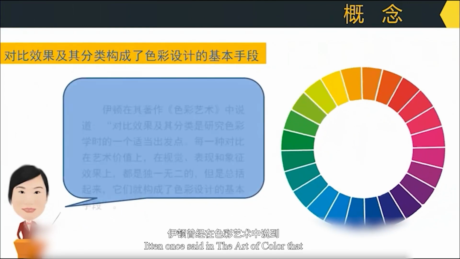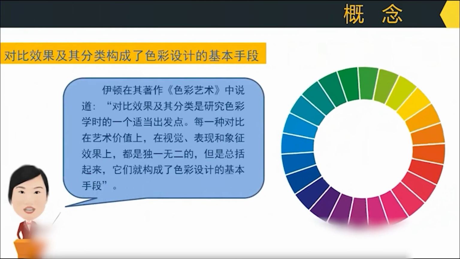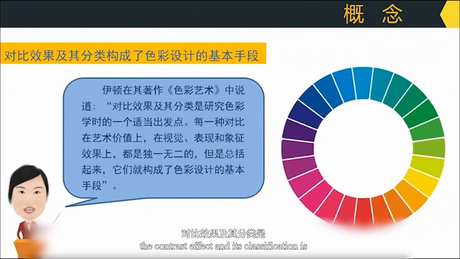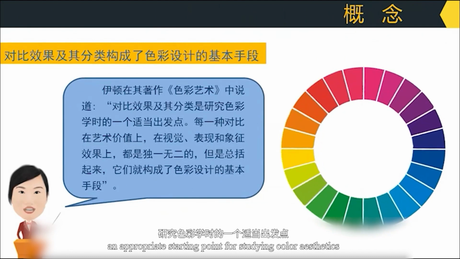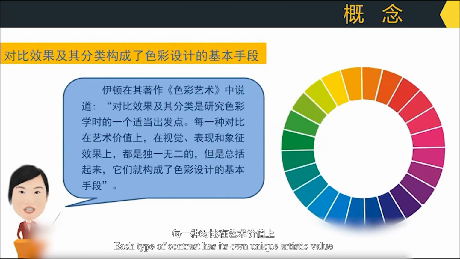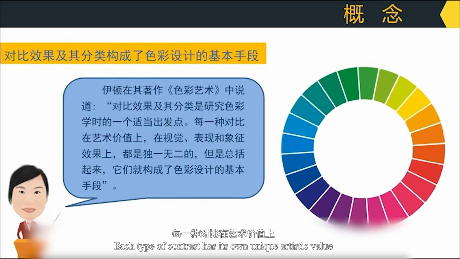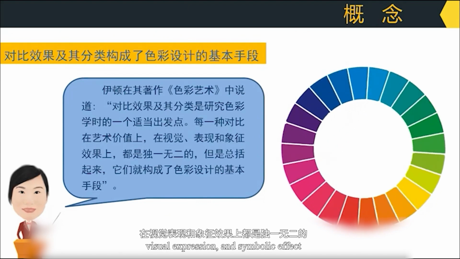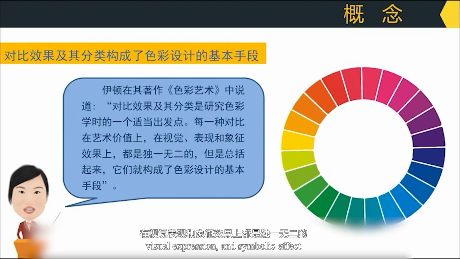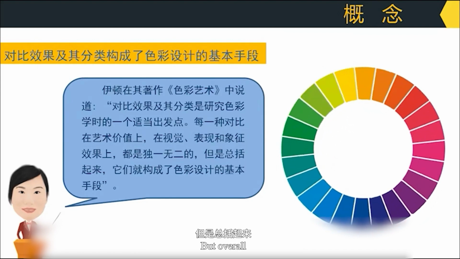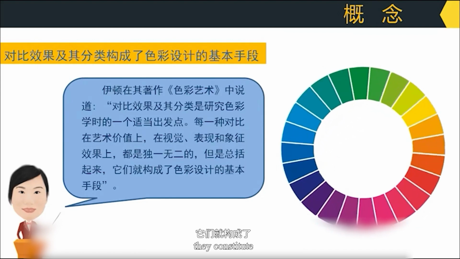Eaton once said in The Art of Color that contrast effect and its classification is an appropriate starting point for studying color aesthetics. Each type of contrast has its own unique artistic value, visual expression, and symbolic effect. But overall, they constitute the basic means of color design.